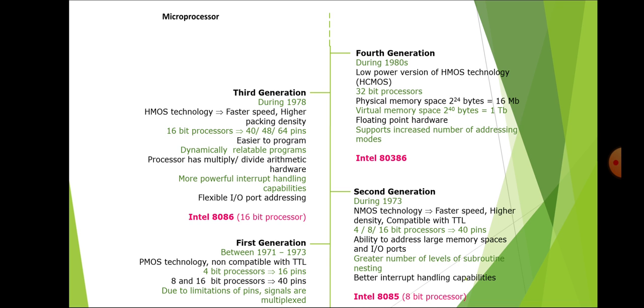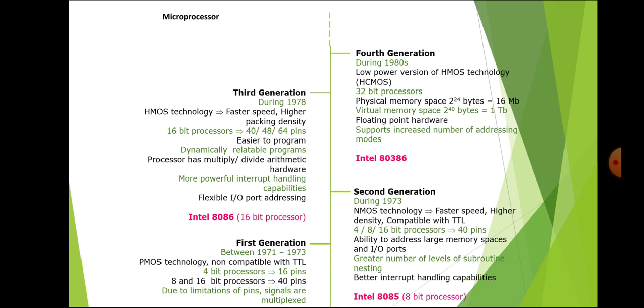In the fourth generation, during the 1980s, a low power version of HMOS technology was involved, and it has a 32-bit processor. In the 32-bit processor, physical memory space is 2 raised to 24 bytes, almost 16 MB.